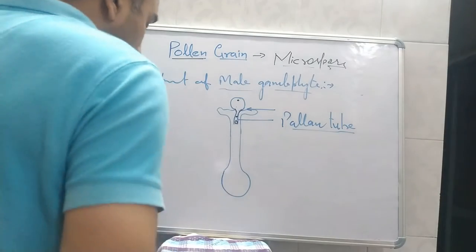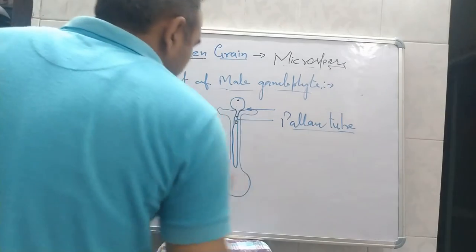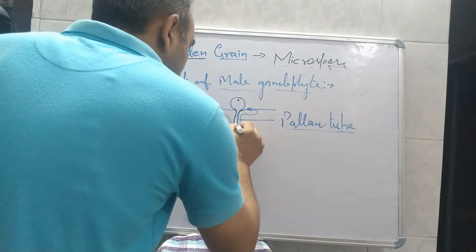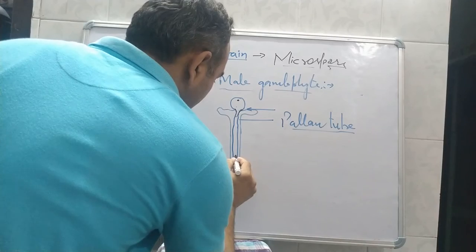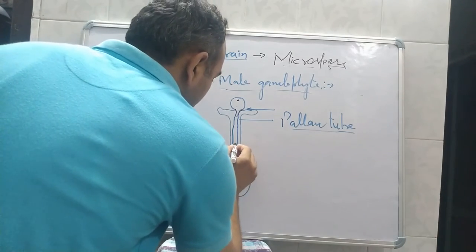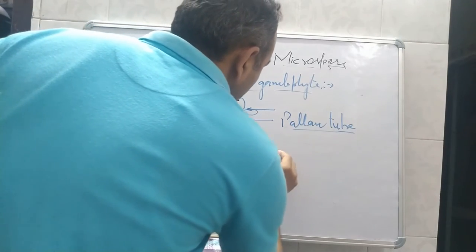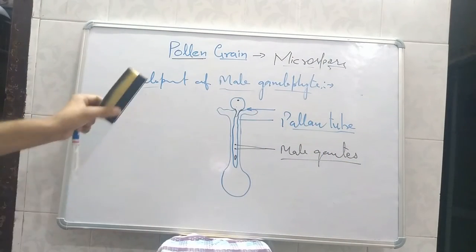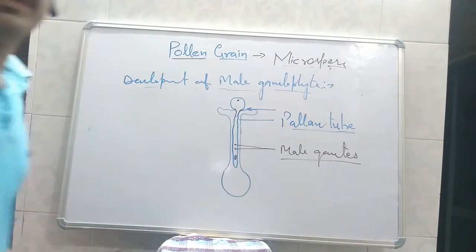It comes downward toward the ovule, and during this process the vegetative nucleus remains as such, but the generative nucleus divides by mitotic division, and that leads to the formation of two male gametes. So dear students, this is the development of a male gametophyte till the formation of a male gamete.